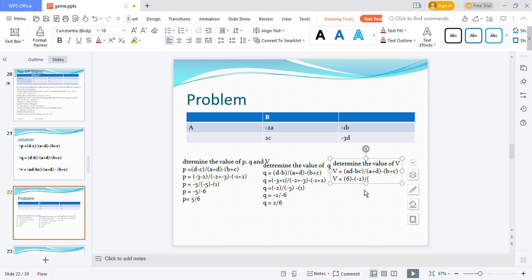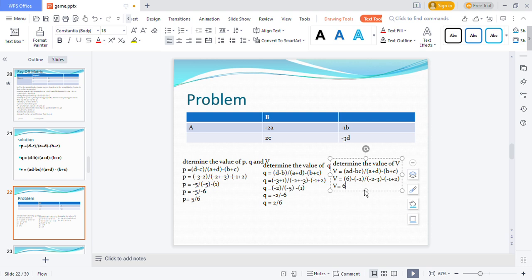A is -2 plus D is -3, so it will be -3. Close the bracket, minus, open the bracket, B is -1 plus 2. Simplify the equation.